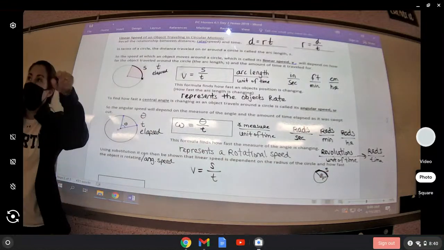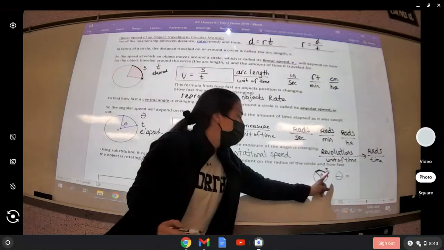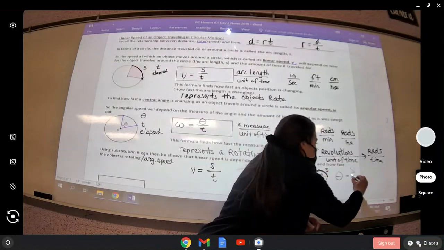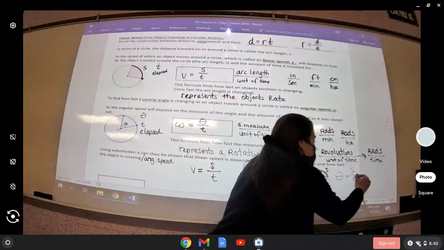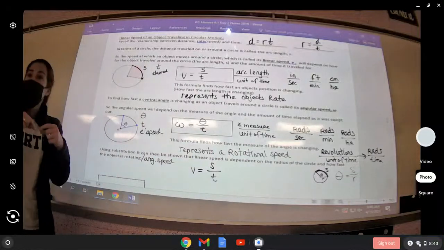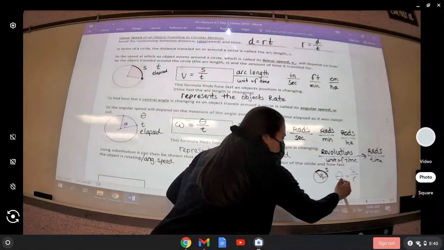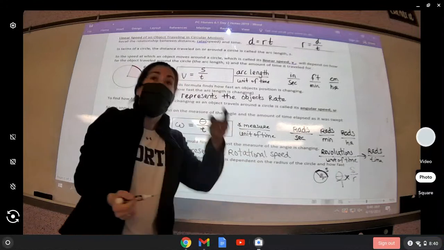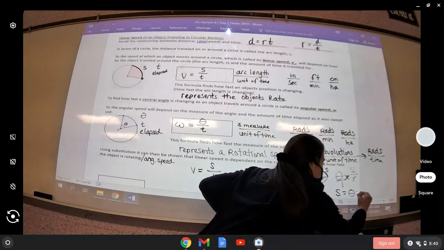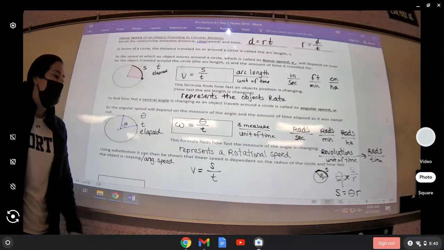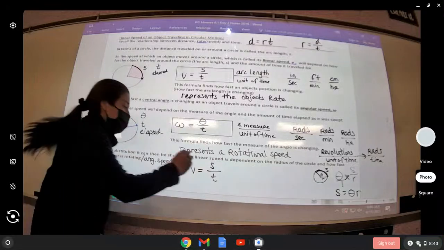We measure an angle in radians by saying the angle is equal to the length of the arc, S, divided by how many radiuses fit into the length of that arc. We literally measure the angle in radians by taking the arc and dividing it by the radius. So if I solve this for S, cross multiply, we had another formula that first day that said S, the arc length, is equal to theta times the radius. So take that formula, theta times radius, and put it in for S.